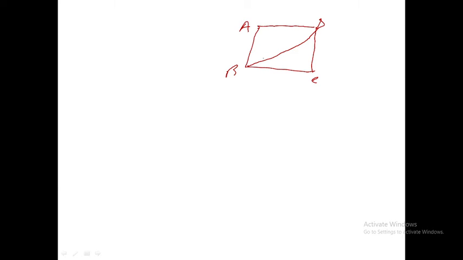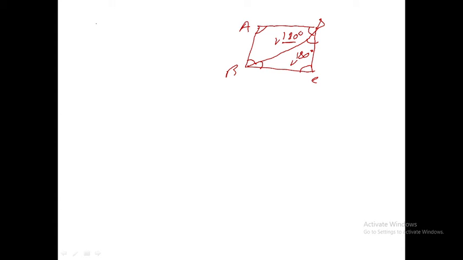Okay. When we join BD, we get two triangles. The sum of this angle, and this angle, and this angle equals how much? 180 degree. The sum of the three angles of a triangle is 180 degree. Here also another triangle is there. So this angle plus this angle plus this angle equals how much? 180 degree.